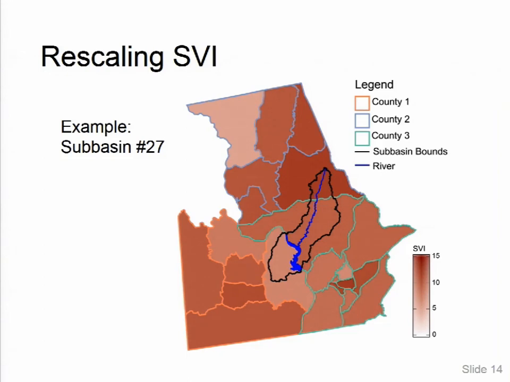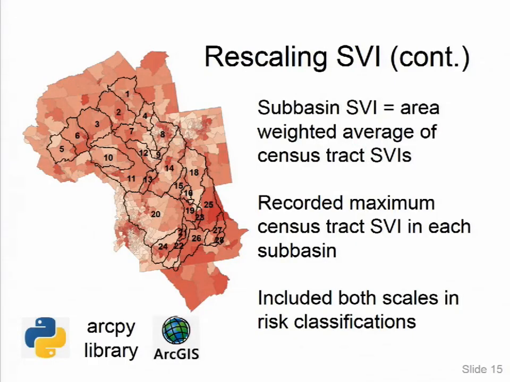So I needed to figure out a way to basically find a total or average value for social vulnerability for that one particular subbasin. To do that, this is where I use Python.